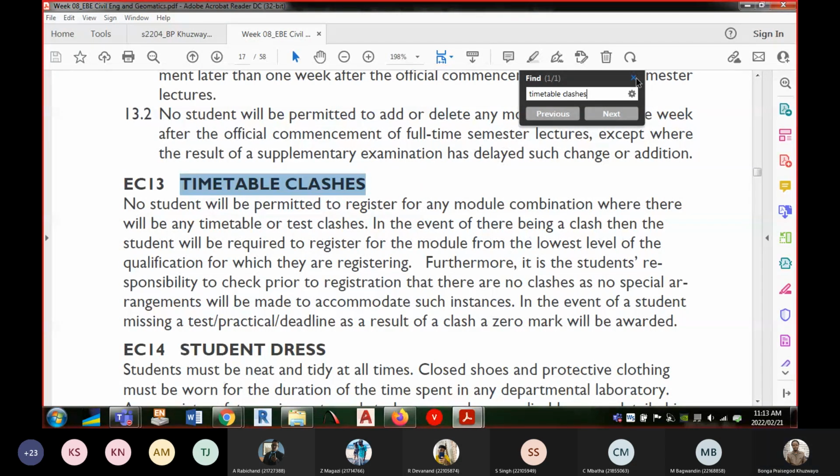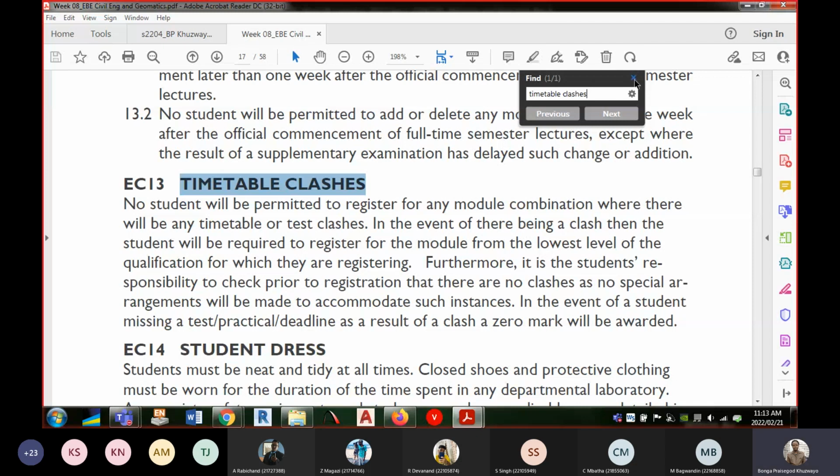Furthermore, it is the student's responsibility to check prior to registration that there are no clashes, as no special arrangements will be made to accommodate such instances. In the event of a student missing a test, practical or deadline as a result of a clash, a 0 mark will be awarded.